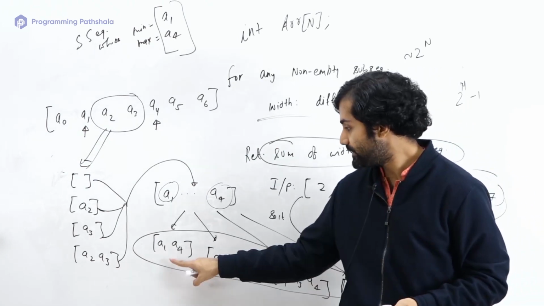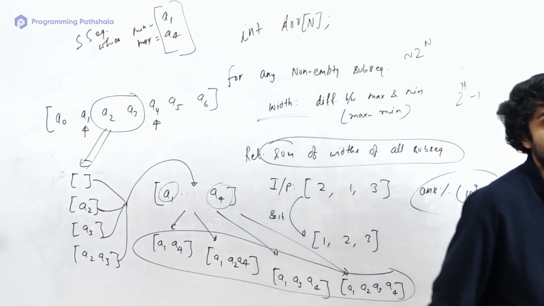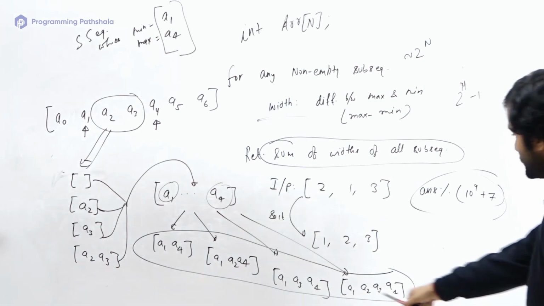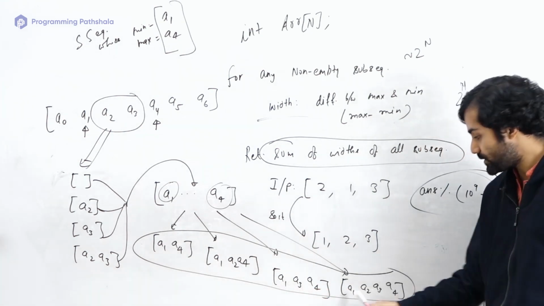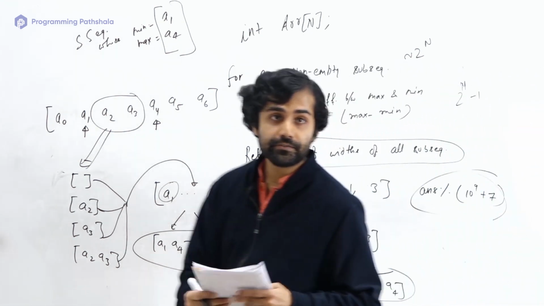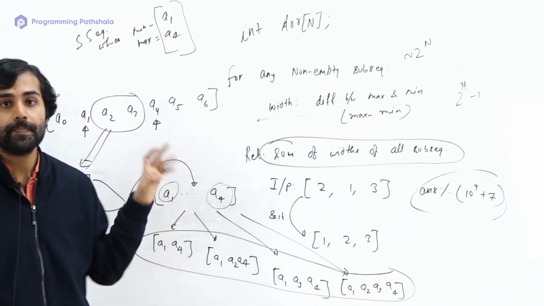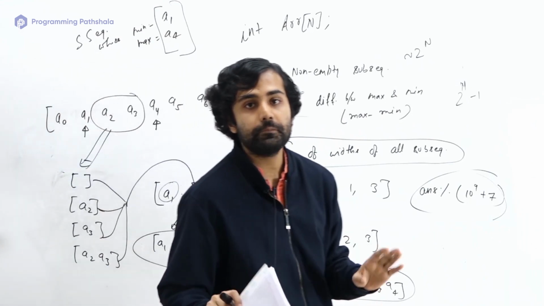What will be the width of the first one, which just has A1, A4? What will be the width of the second one, which has A1, A2, A4? That will also be A4 minus A1. Of this one, this will also be A4 minus A1. This one also. Isn't it interesting? The interesting point over here is that everything that belongs in this family will have the same value of width.